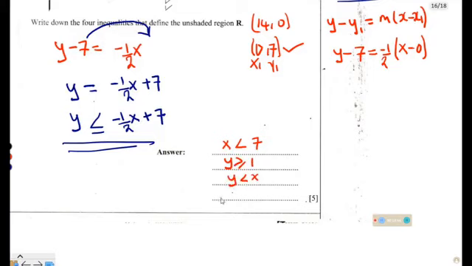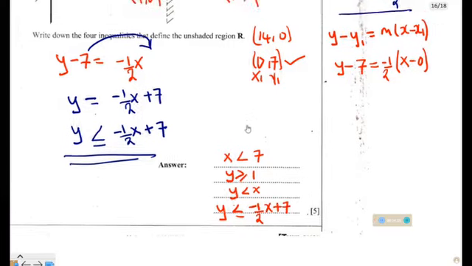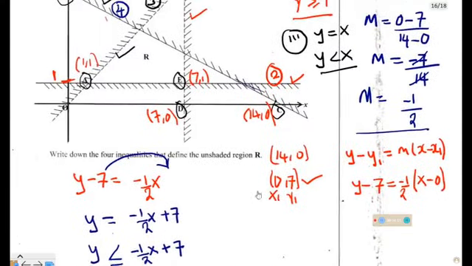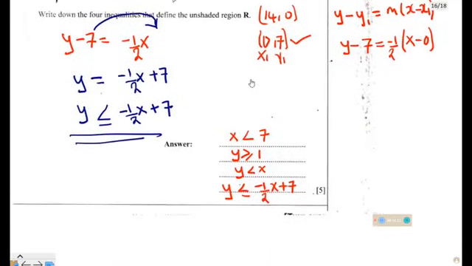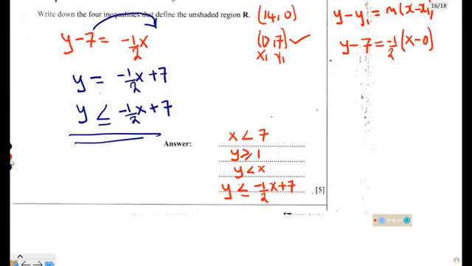Then we have this one, which is y less than or equal to negative half x plus 7. These are the required inequalities, 4 of them.